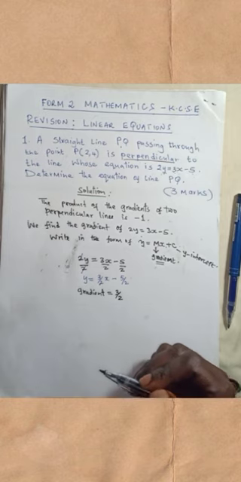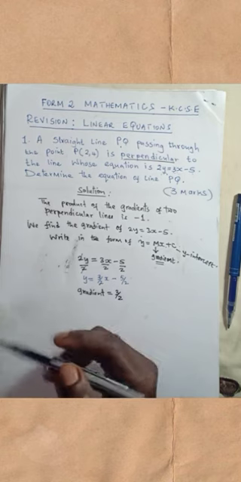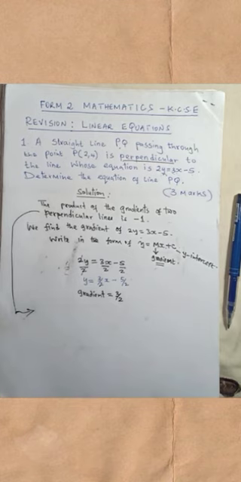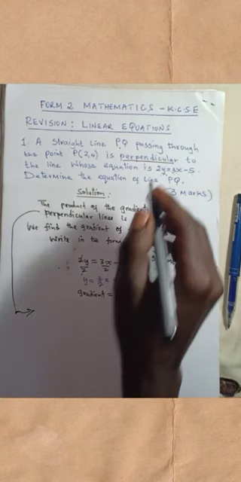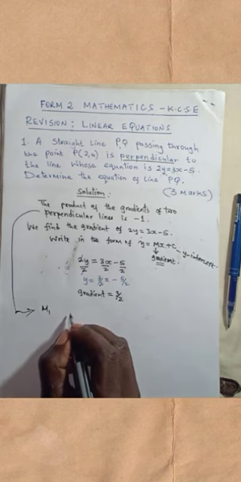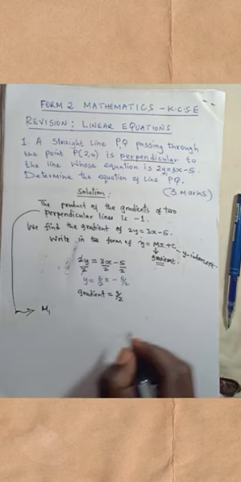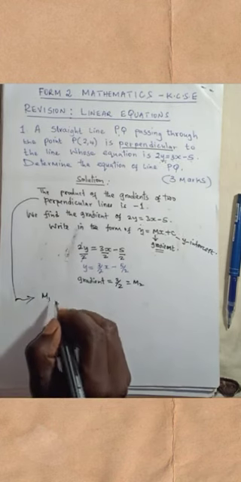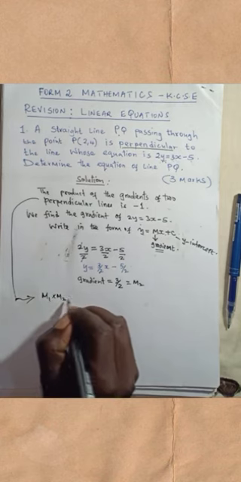That's our gradient. Now that we know the gradient of this line, which is perpendicular to the line PQ, we can say for perpendicular lines, the product of the gradients is -1. So letting the gradient of line PQ be m1, and that of the line 2y = 3x - 5 be m2, the product m1 multiplied by m2 must give us -1.